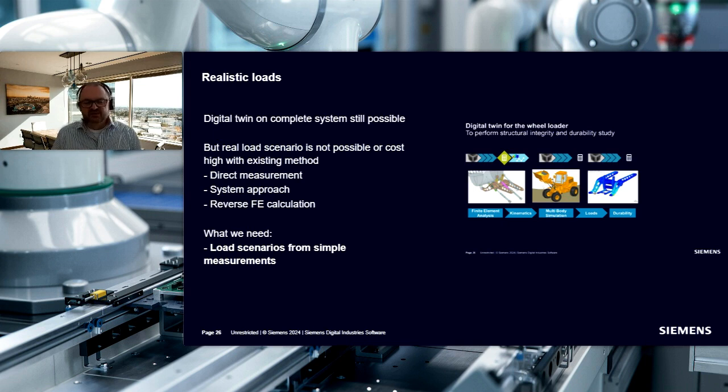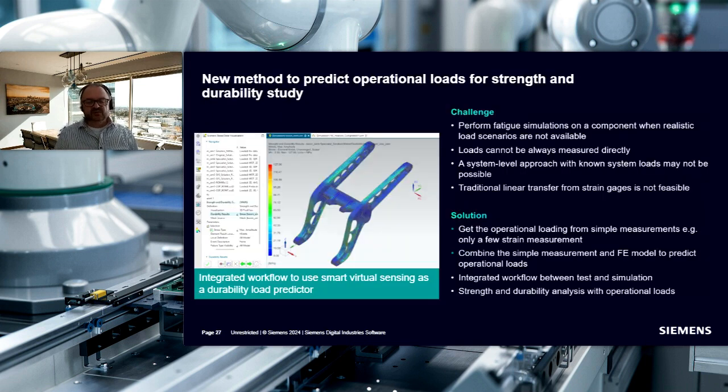How do I get to the real maneuvers? And that's where we now went to a new definition of the operational loads. How do I get the operational loads from simple measurements? There we now have new tools which we call smart virtual sensing, which is able to take some measurements and back calculate from them directly with a predictor tool or some kind of data fusion tool, as we call it nowadays, more scientifically.